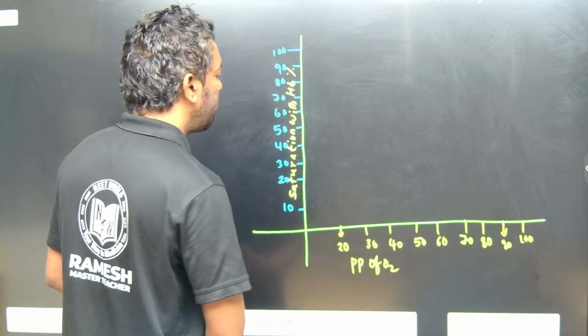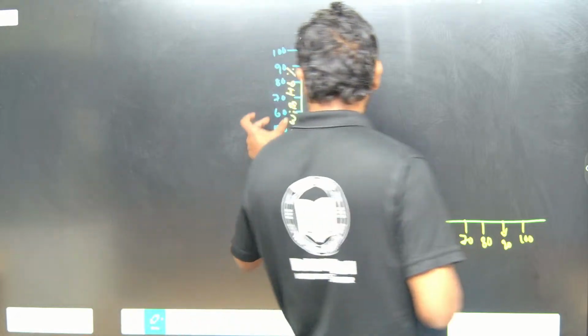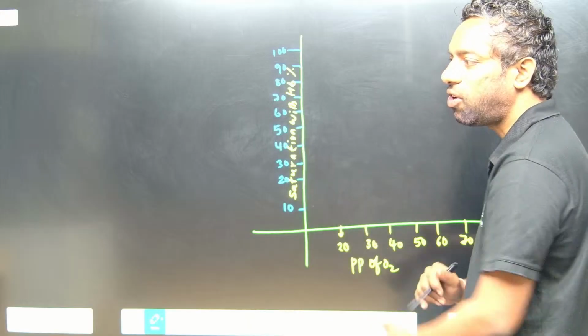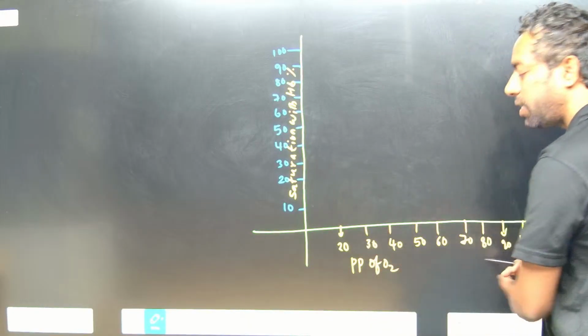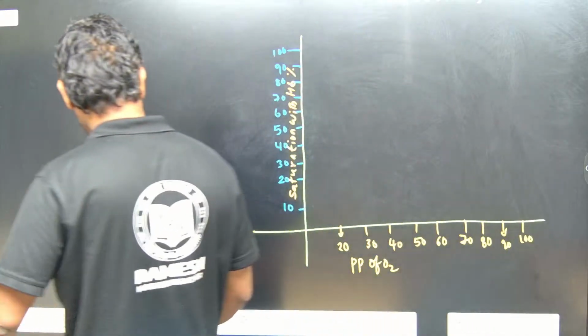How much is it saturated? Saturation means hemoglobin binding with oxygen. This is the partial pressure. I am going to explain it. What is the graph?